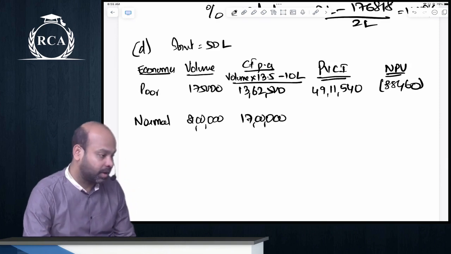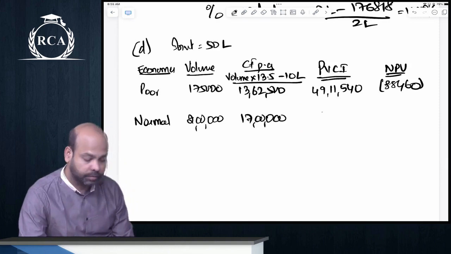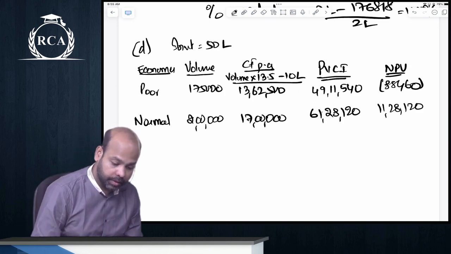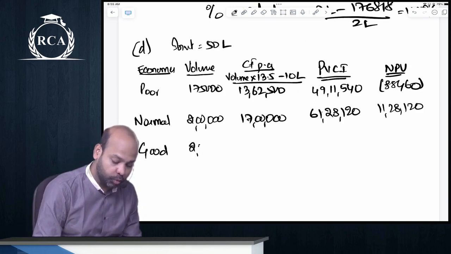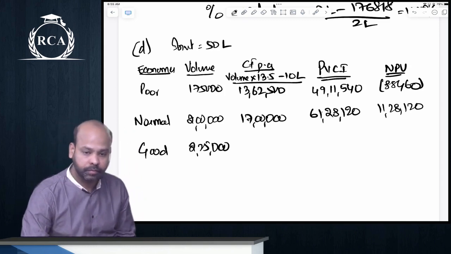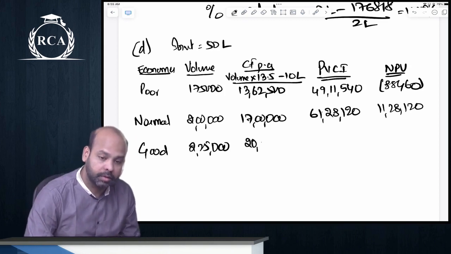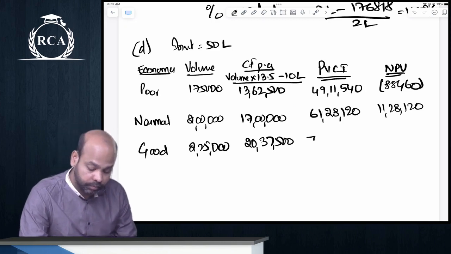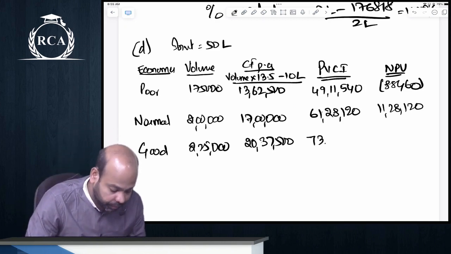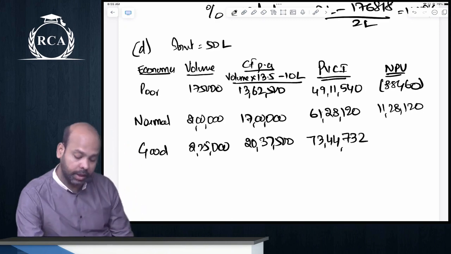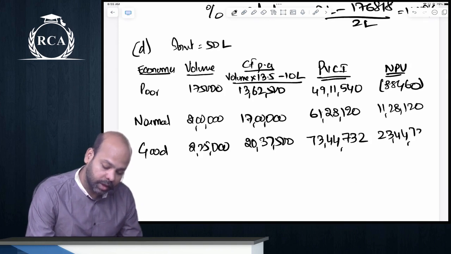Present value of cash inflows कितना था बेटा? 61,28,120. So 11,28,120. Good. Then your sales volume is 2,25,000 units. What will be your cash flow per annum? 20 lakhs 37,500. Present value of cash inflows 73,44,730. NPV beta will be 23 lakhs 44,732.